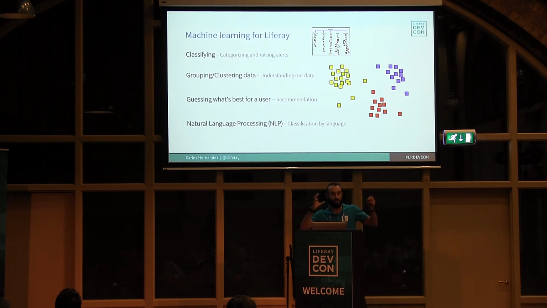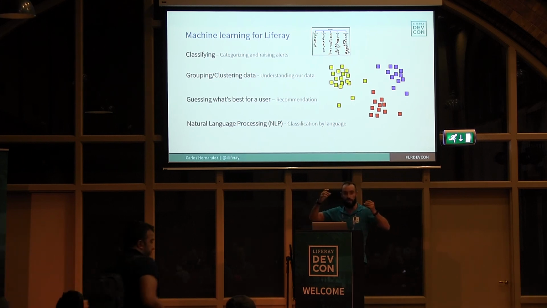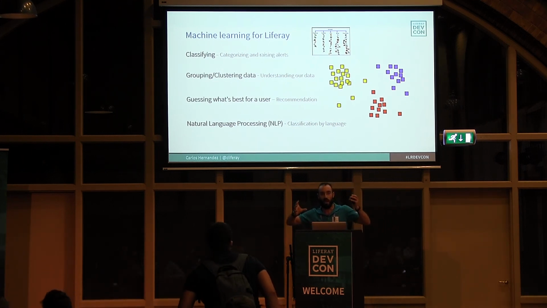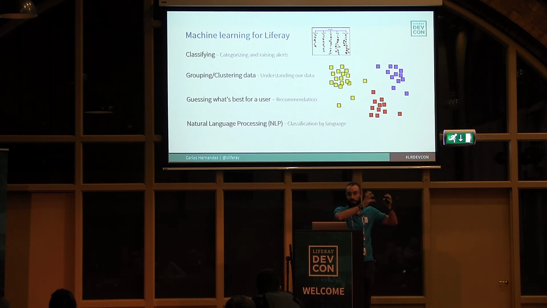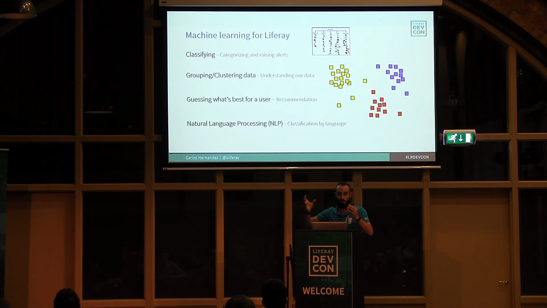If I have, for example, pictures of oranges and pictures of apples, and then I run a machine learning trained model over my set of images, I would put the oranges in the orange category and the apples in the apples category.